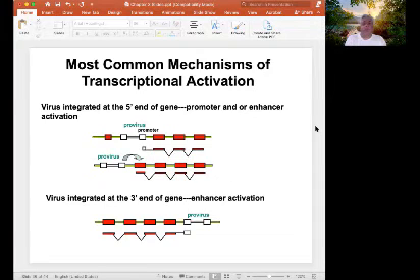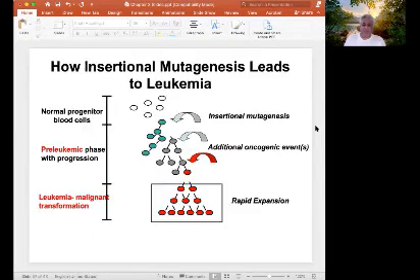Sometimes it's within the introns, sometimes it's within the exons, and other times it's on the 5' or 3' end of the gene. So this type of insertion of foreign nucleic acid, DNA, into our chromosomes can lead to the transformation of that cell.